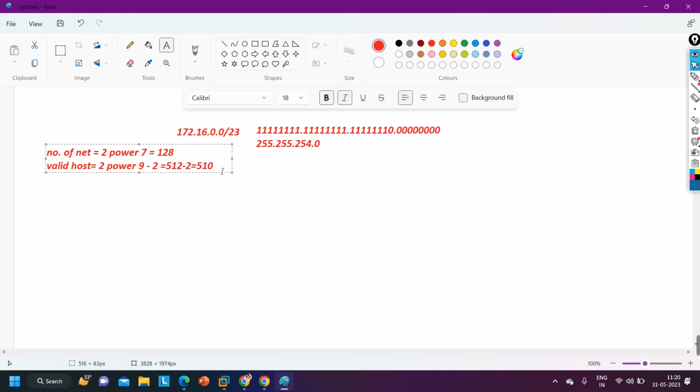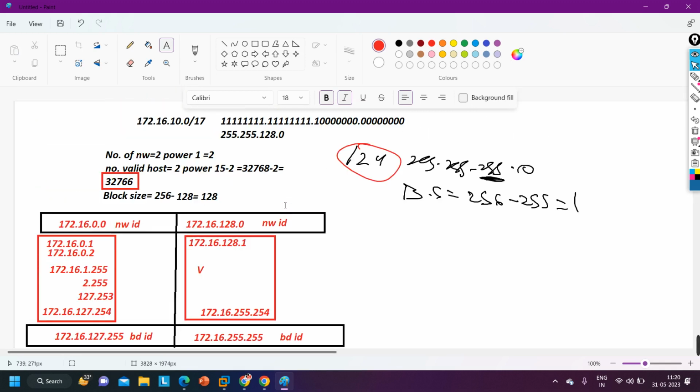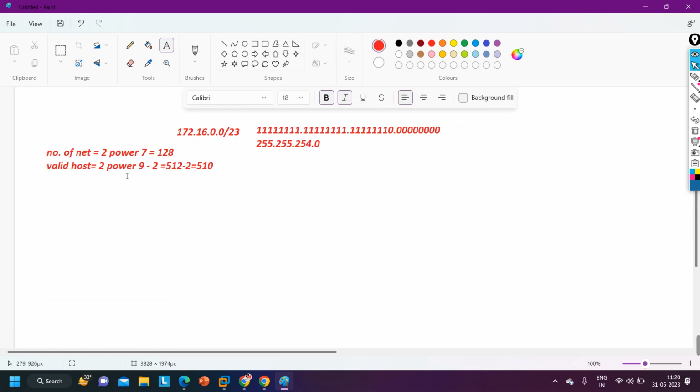See, the number of valid hosts is lesser than in the previous example. Yes or no? Yes. In that example the number of networks was 2 only, so valid hosts were very large. But this time the number of networks is 128. That's why the number of valid hosts is less.